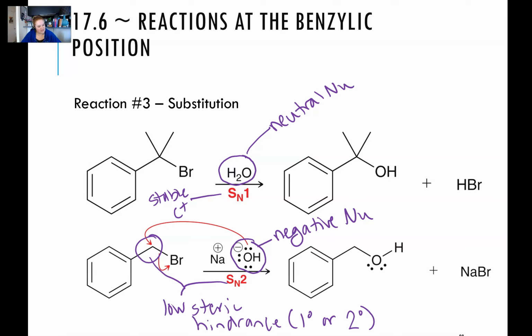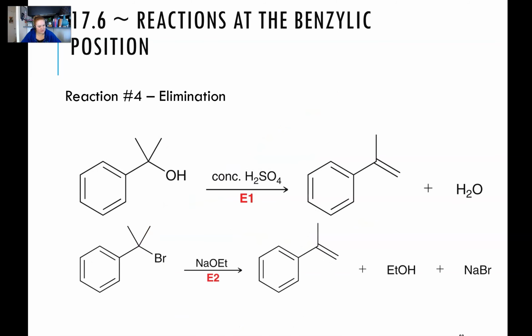So if we can do SN1 and SN2, that means we can do E1 and E2. Again, same reasoning here. We can do the E1 because we're going to have a very stable carbocation, and we can do the E2 because we have a stable transition state.